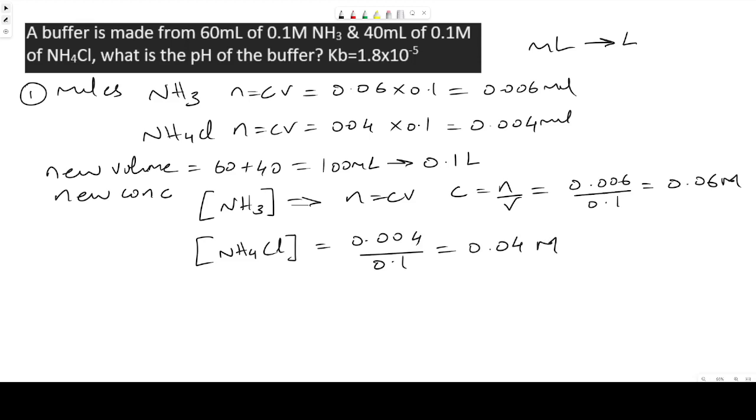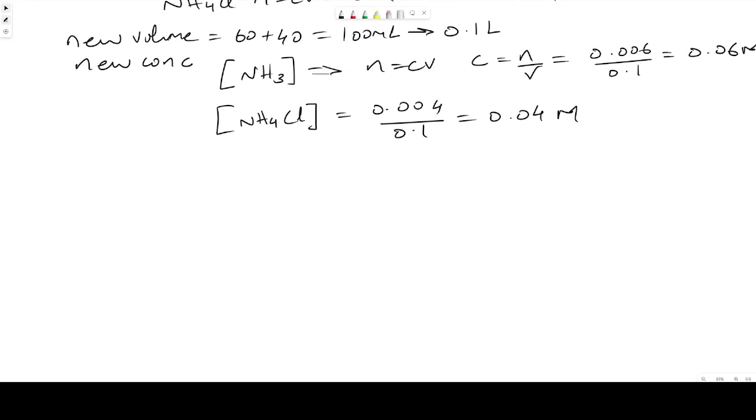Okay, now we're going to use the ICE table. Write down the equation first. So we know that NH3 reacts with water to give us NH4+ and OH-.